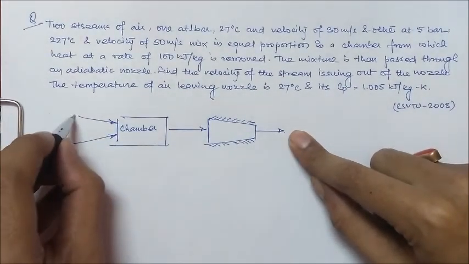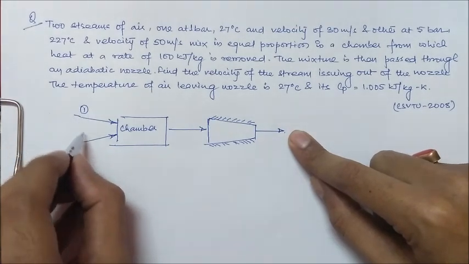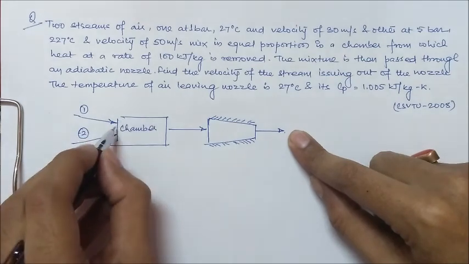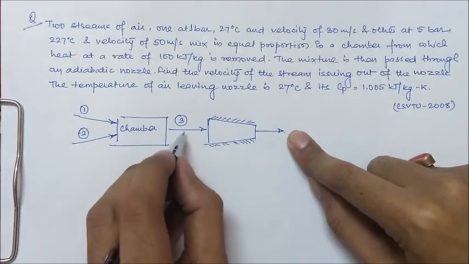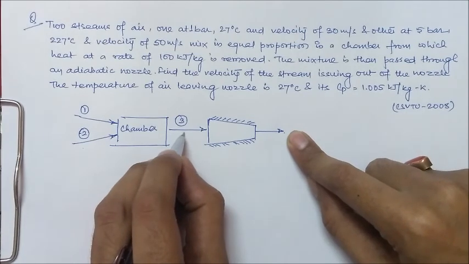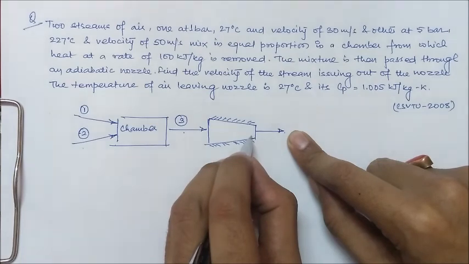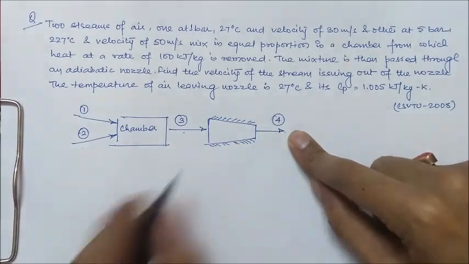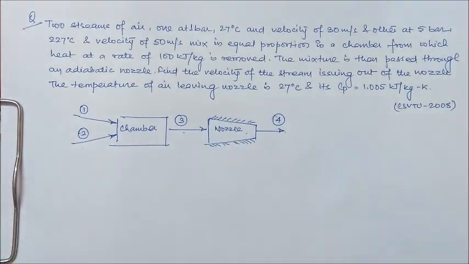If we say that these two streams are at condition 1 and condition 2, they mix in the chamber to produce the mixture at condition 3, and this mixture at condition 3 is introduced inside the nozzle, which gives an output stream at condition 4. Okay, this is your nozzle, right?